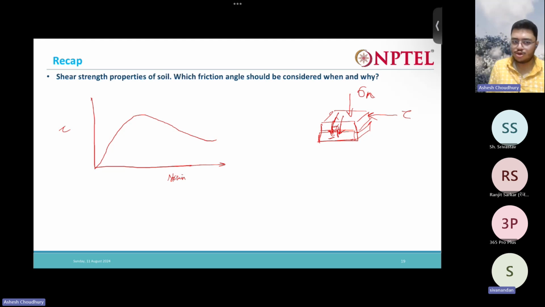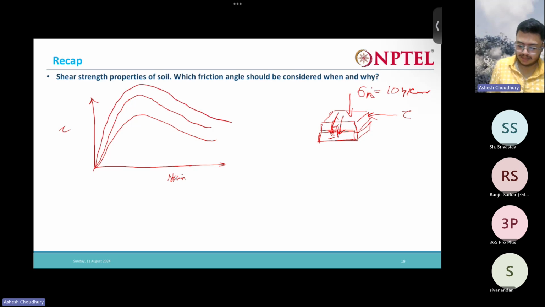Now what you do? First you keep the normal stress as 10 kPa, 10 kg per centimeter square. Then you do the test, you will get one graph. Then you increase it to 20 kPa, and you get one more graph like this. Then you increase it to 30 kPa, and you get one more like this. So like this you are going to get three graphs.